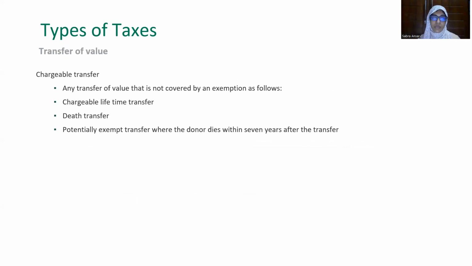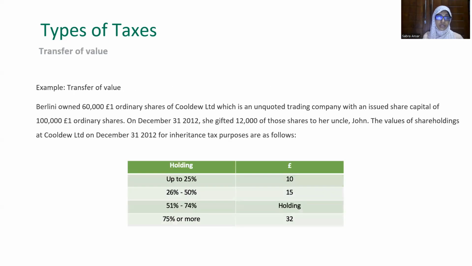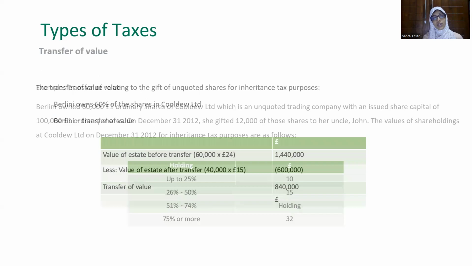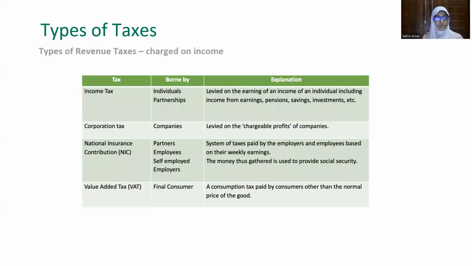We need to understand what a chargeable transfer is. Any transfer of value that is not covered by an exemption, such as a chargeable lifetime transfer or a potentially exempt transfer where the donor dies within 7 years after the transfer, is called a chargeable transfer.